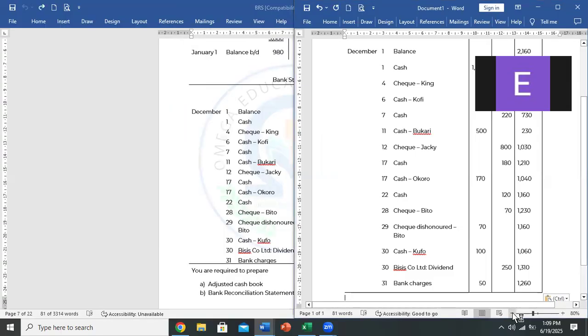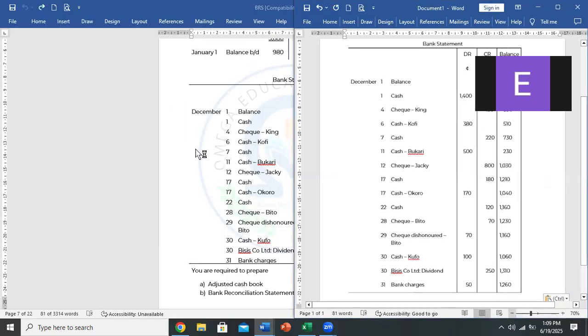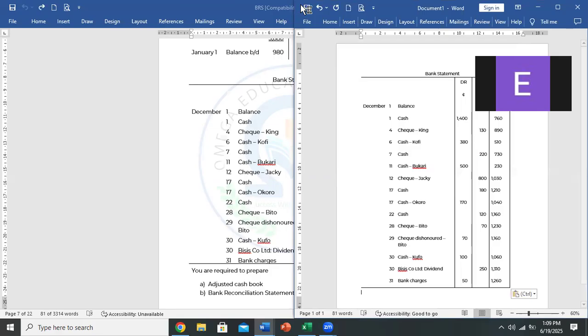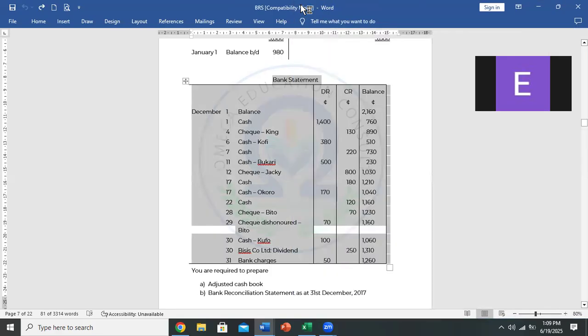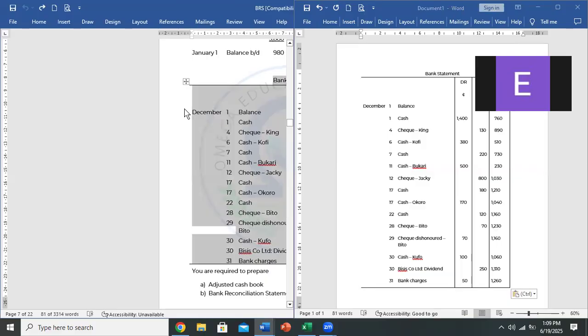So professors, yes, this is the bank statement, and let me put the cash book also.